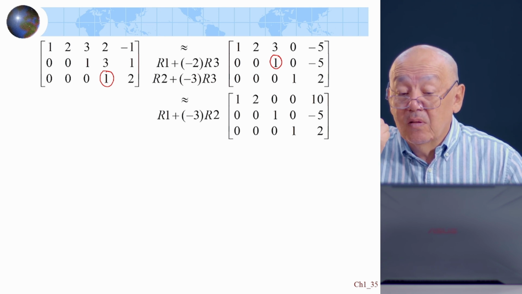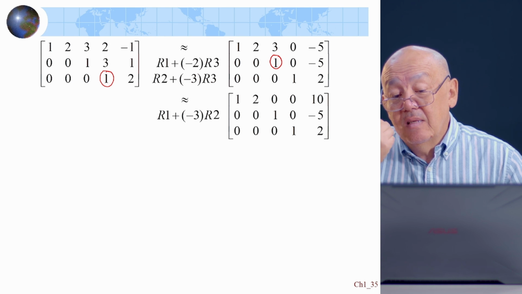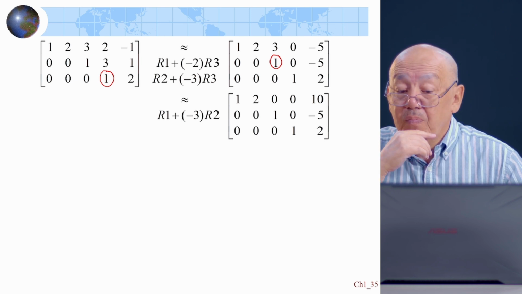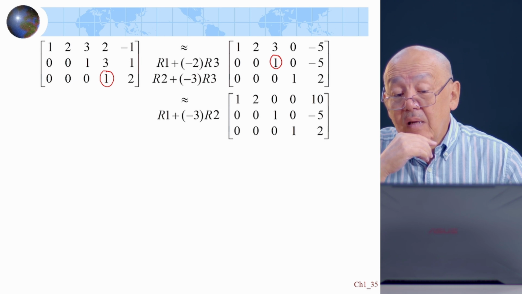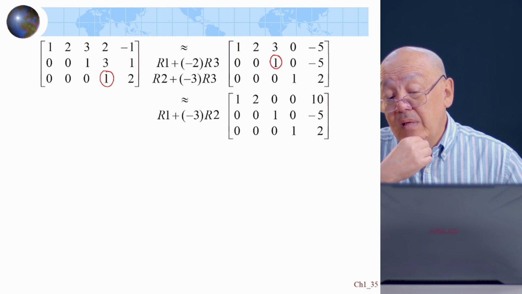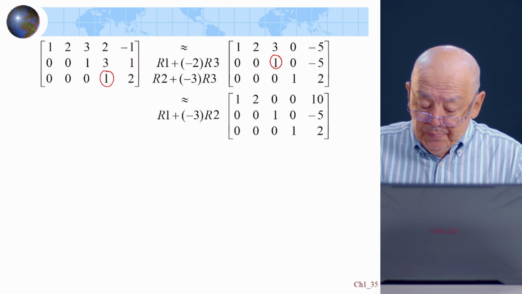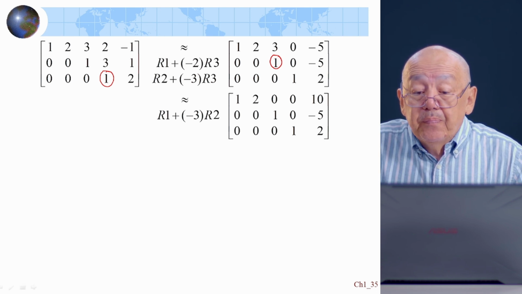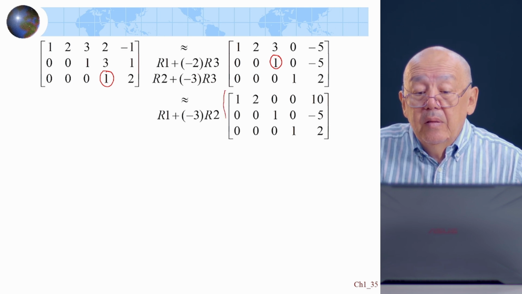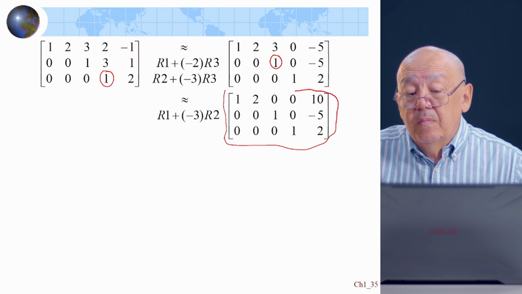This is called the Gaussian elimination method. It is more effective than Gauss-Jordan elimination. I hope that maybe later on I'll give an explanation of that. Maybe even from this example you realize this is much better than Gauss-Jordan elimination. And when you get the reduced echelon form, you can write the answer.